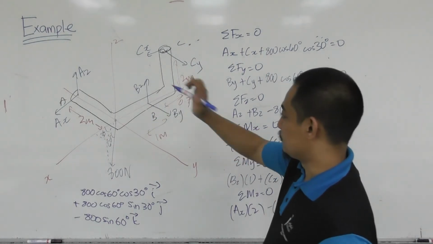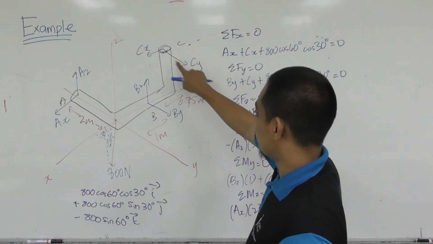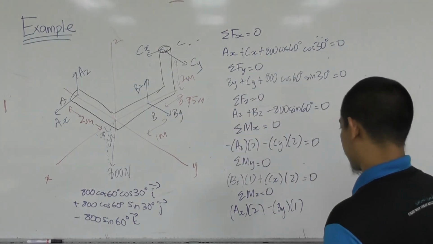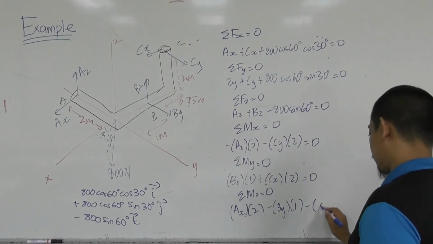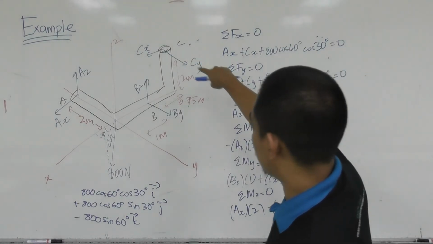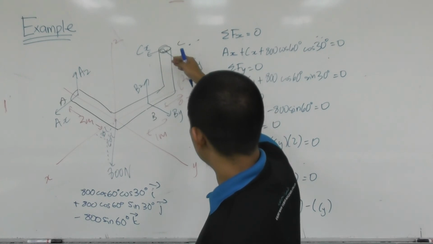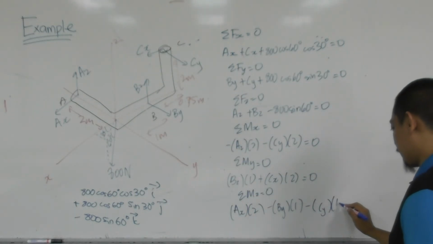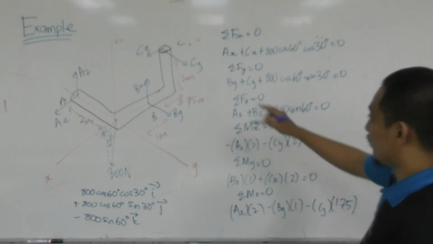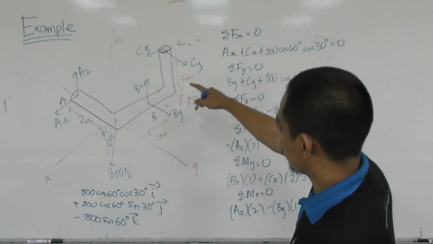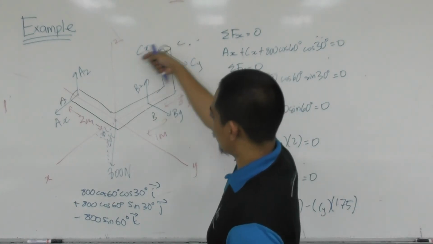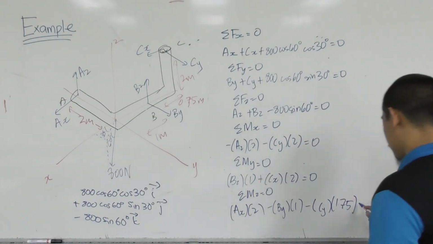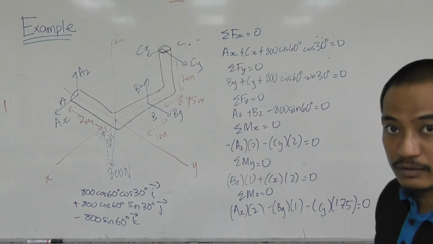Bz is parallel, no moment. Cy produces clockwise about z, so minus Cy times the distance of 1.75. Cx actually goes through the z-axis, so no moment, so this one equals 0.